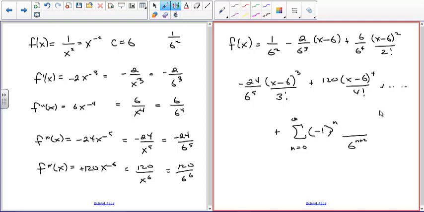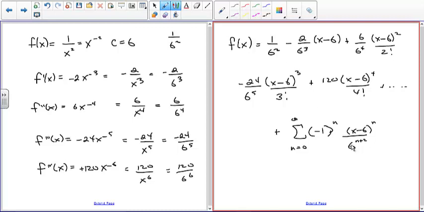So when n equals 0, negative 1 to the 0 power is 1. When n equals 1, you get negative 1 to the 1st power, which makes it negative. So this makes it alternate. You're going to have x minus 6 raised to the n power. So when n equals 0, x minus 6 to the 0 power is 1.